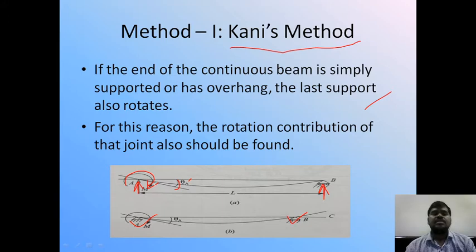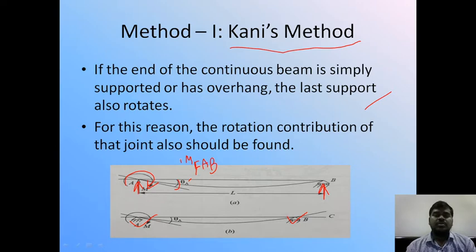What changes must be made for the first moment, that is MFAB? MFAB is the fixed end moment, not the final moment. This M is the total moment.